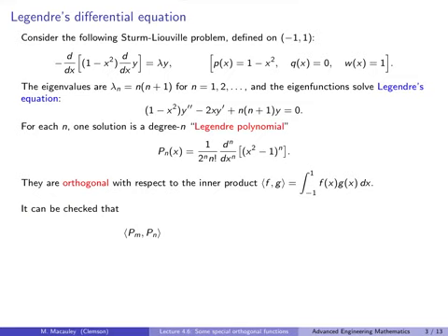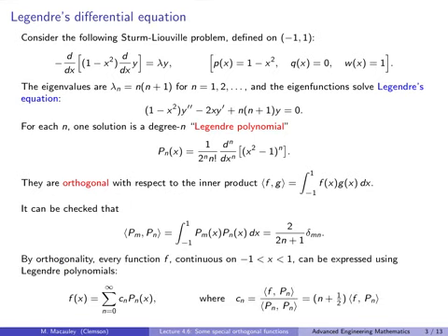It can be checked, it's messy but it's easy, that the inner product of any two of these Legendre polynomials, so Pm and Pn, which is just the integral of their product from negative 1 to 1, is 2 over 2n plus 1 times delta mn. In other words, this is 0 if m and n are different, and if m and n are the same, then it's 2 over 2n plus 1.